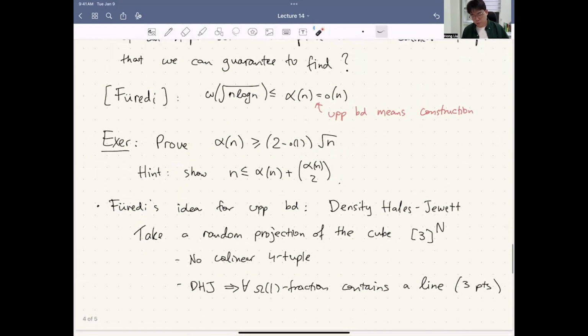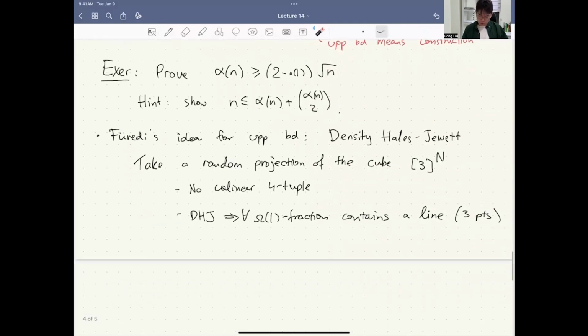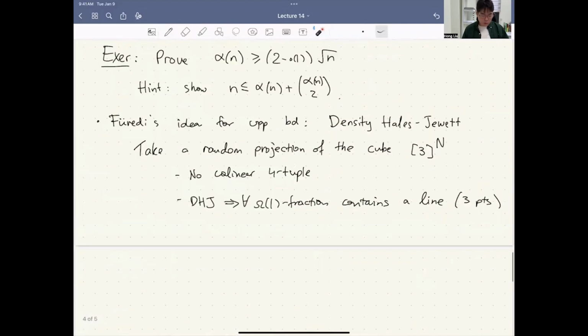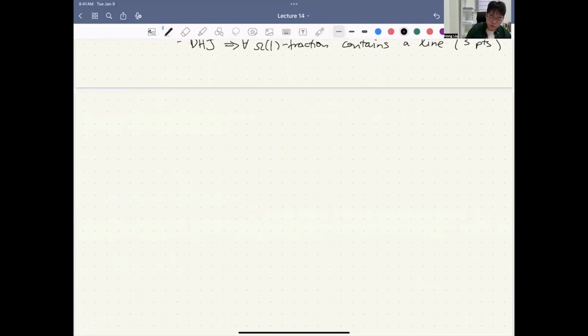This is perhaps one of the first applications of the hypergraph container theorem to geometric results in discrete geometry. So today we're going to prove a theorem.